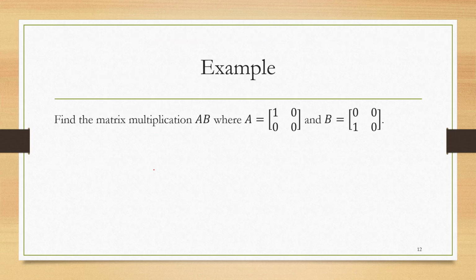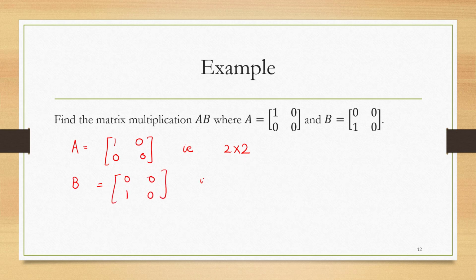Let's see another example. Here we need to find AB, where A is 1, 0, 0, 0 and B is 0, 0, 1, 0. So A is 1, 0, 0, 0, a matrix of order 2 by 2. And B is 0, 0, 1, 0, again a matrix of order 2 by 2.